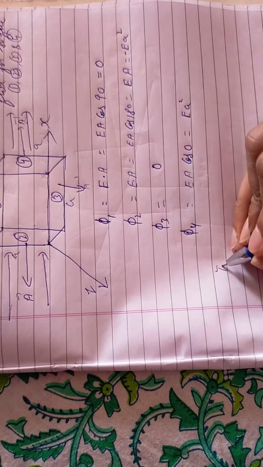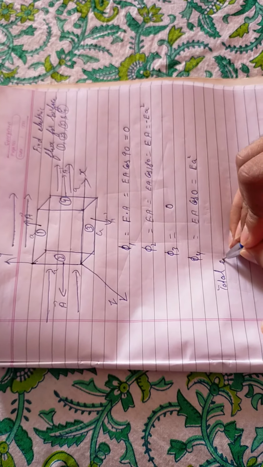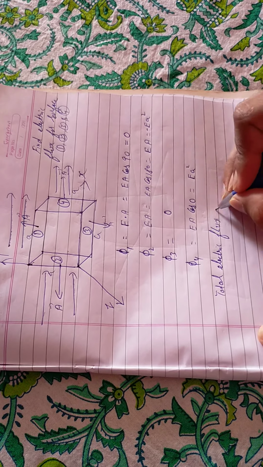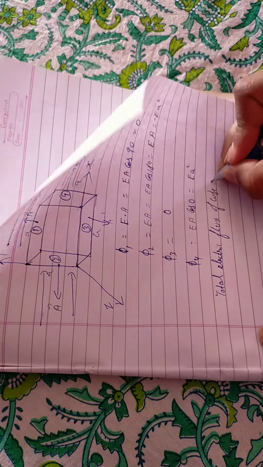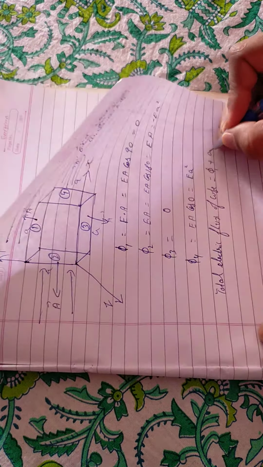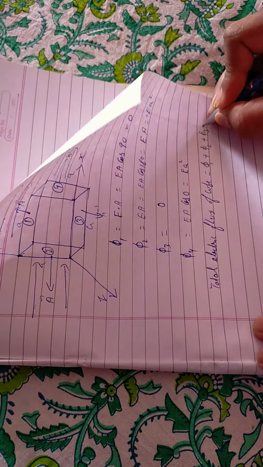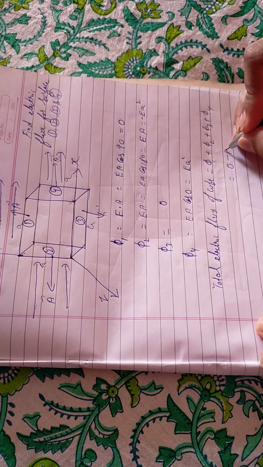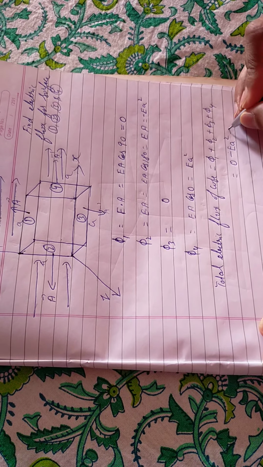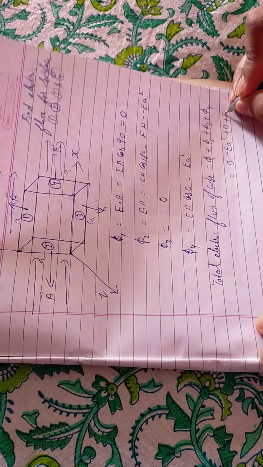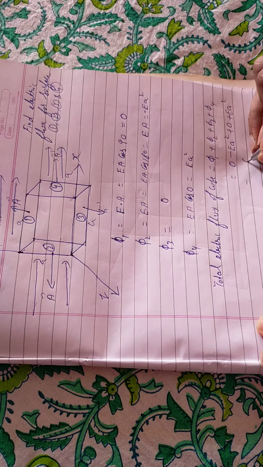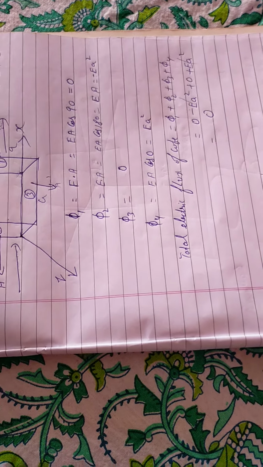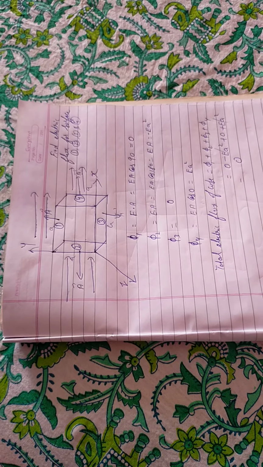So the total electric flux of the cube will equal phi 1 plus phi 2 plus phi 3 plus phi 4, that will equal 0 plus (minus EA square) plus 0 plus EA square, that will equal 0. Okay, so this was the total flux for the cube.